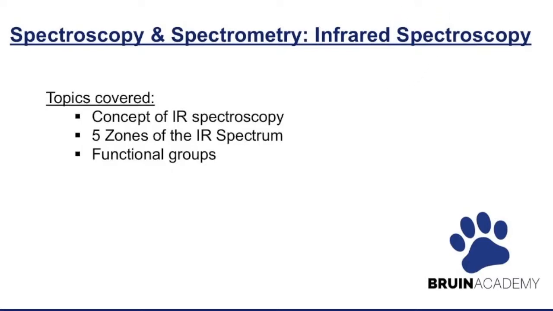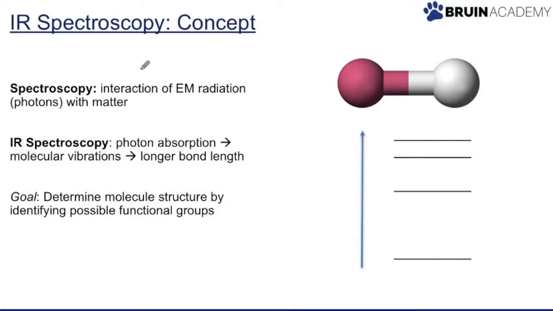So I'm going to start by going over the concept of IR spectroscopy, and spectroscopy overall has to do with photons interacting with matter. So when you have something like a molecule, like this one, you see that there's some bonds here connecting the atoms.